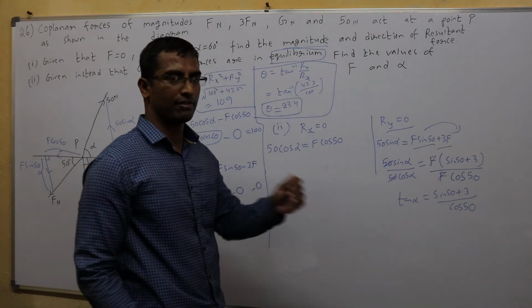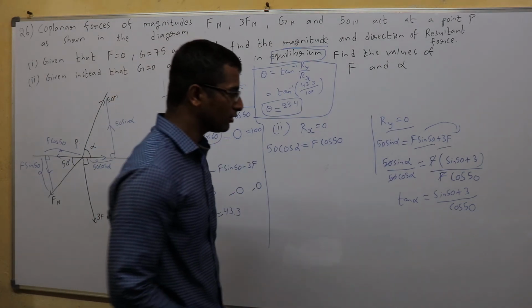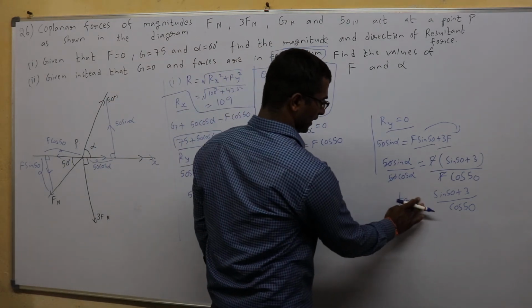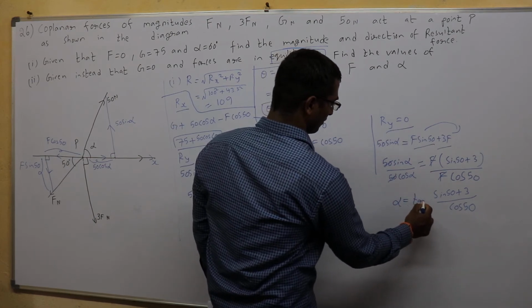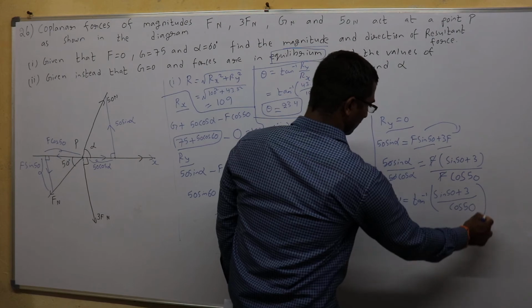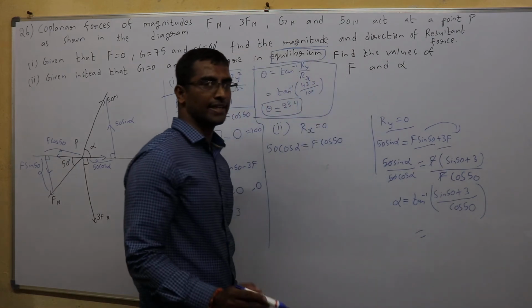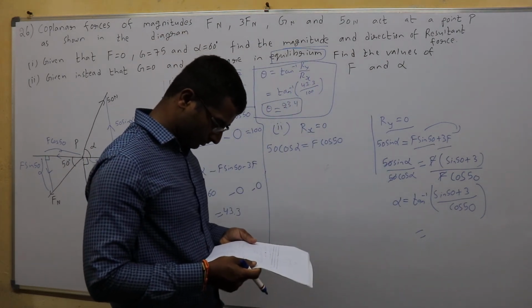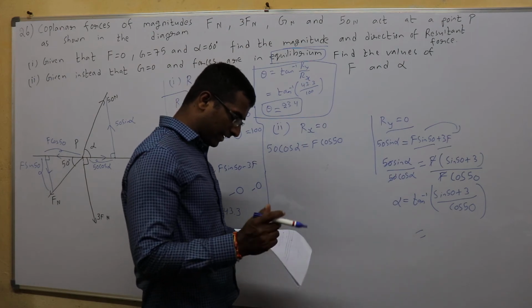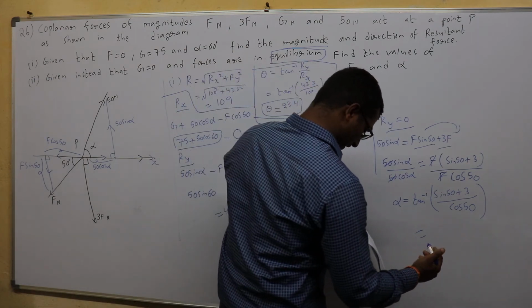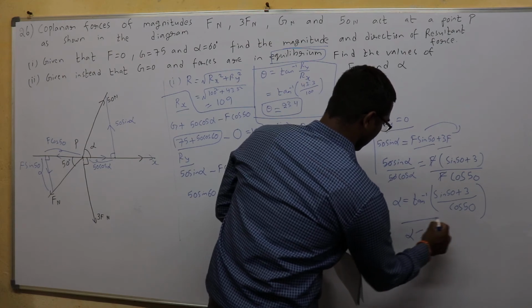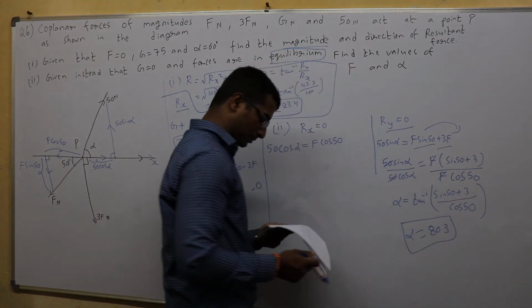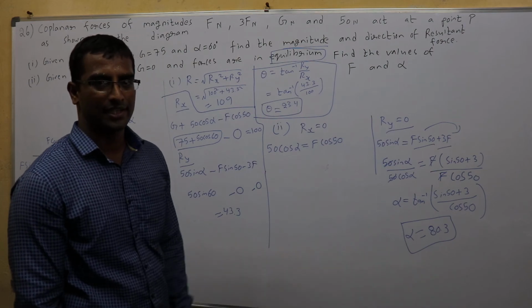I can get alpha from here by sending tan to the other side. So it becomes alpha equal to tan inverse of this. Put this entire thing in the calculator, and you get 80.3 as the value for alpha. Is it clear?